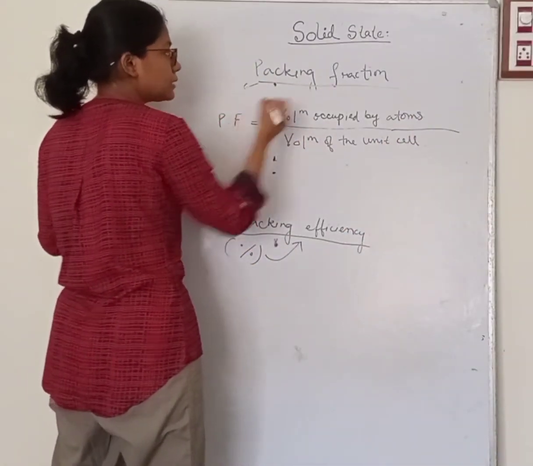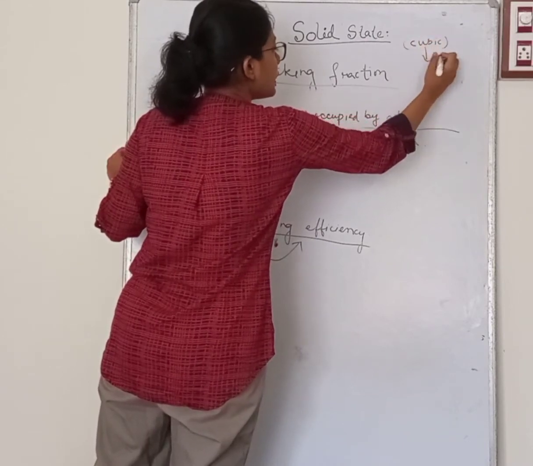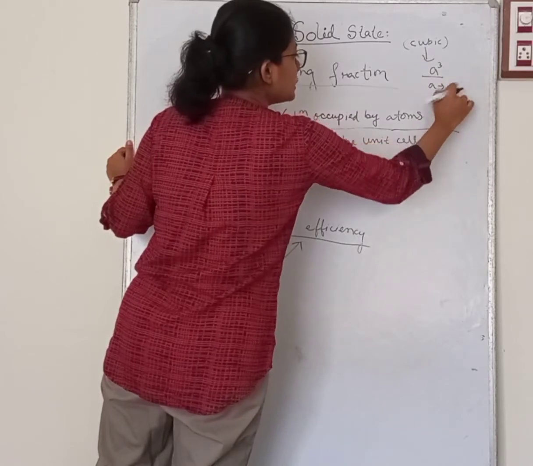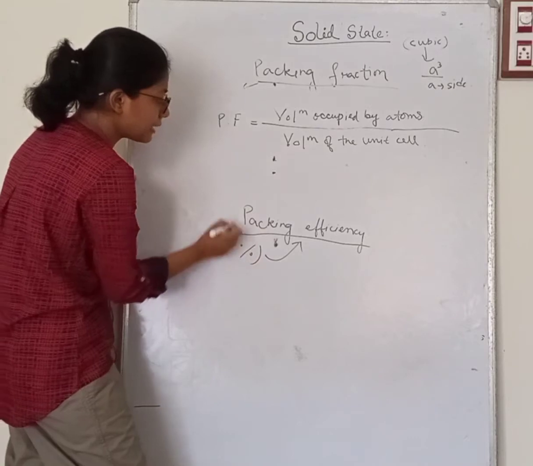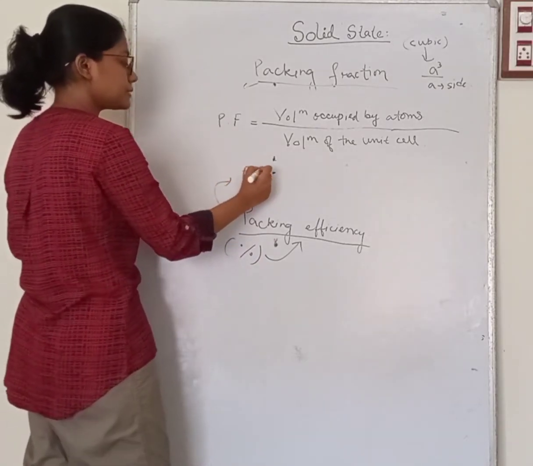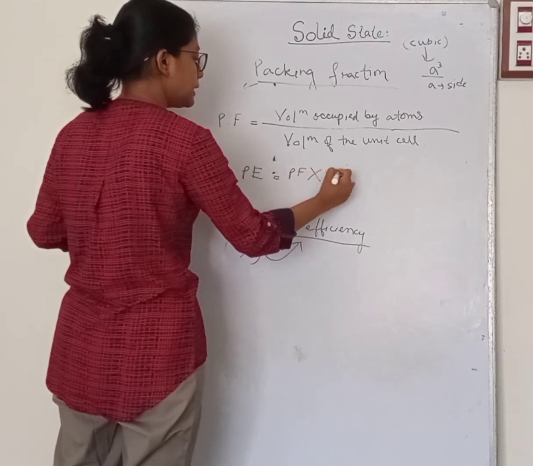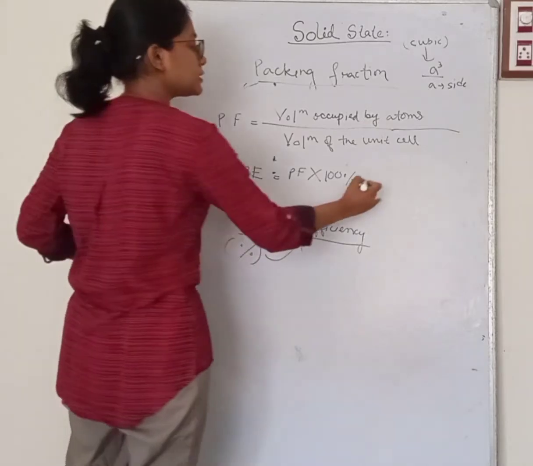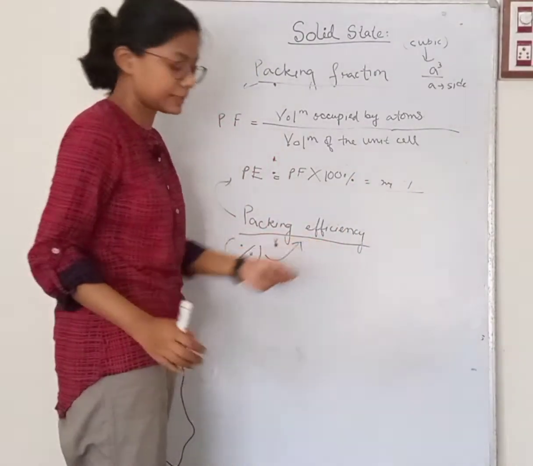We are discussing only cubic cells, right? For a cube, volume is a cubed, where a is the side or the edge length. Therefore packing efficiency will be packing fraction into 100%. So we will get one percentage, XYZ percent, and this will be its packing efficiency.